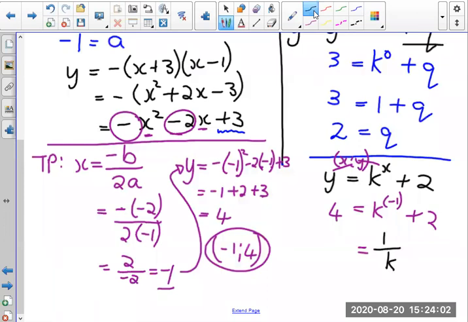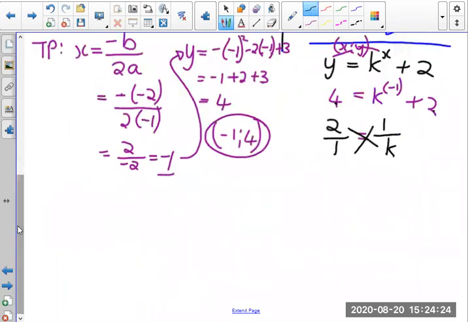You remember the law. And then 4, if I take this 2 to the left-hand side, I get 2. Now, what did we say? If you're working with fractions, make everything fractions. So make this 2 a 2 over 1, because then you can cross multiply. So now I can say 2k is equal to 1. So therefore k is equal to a half. Does that make sense?